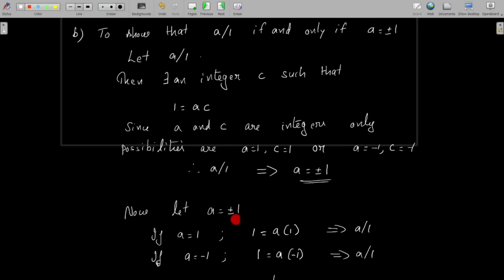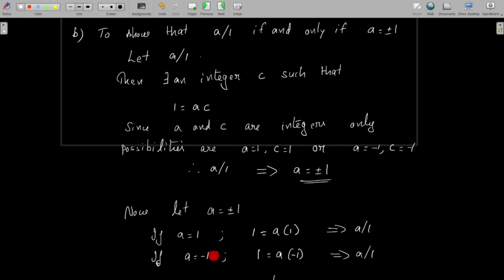Conversely, we assume that a equals plus or minus 1. So there are two cases to consider, a equals 1 and a equals minus 1. If a equals 1, then we can write 1 equals a into 1, because a is 1, therefore 1 into 1 equals 1. So from this equation we can conclude that a divides 1.